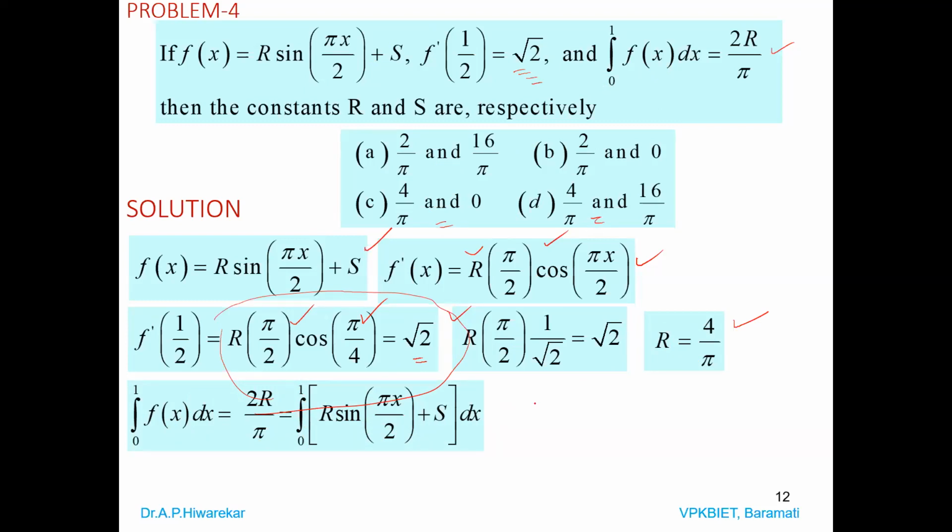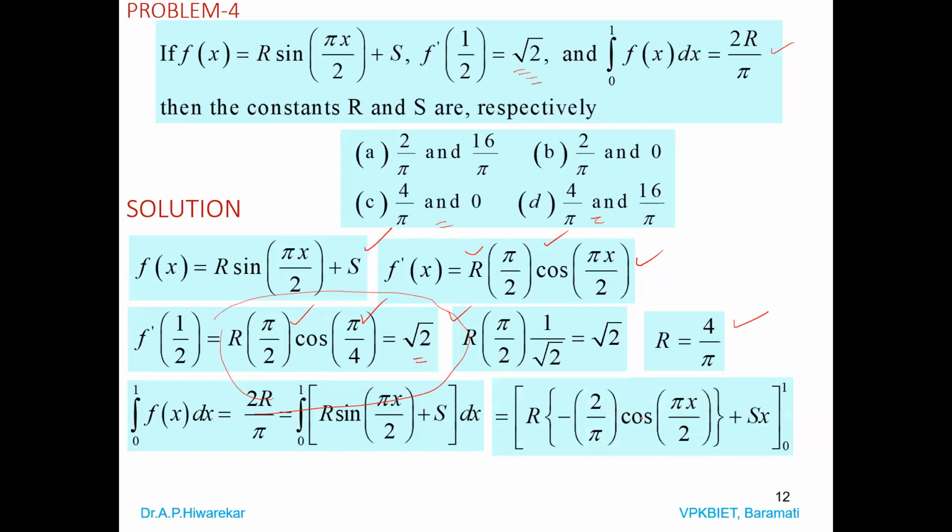The integration of sine is minus cos, so it is r times minus 2 by pi cos of pi x by 2, and the integration of dx is x, so we get sx. The limits are 0 to 1.